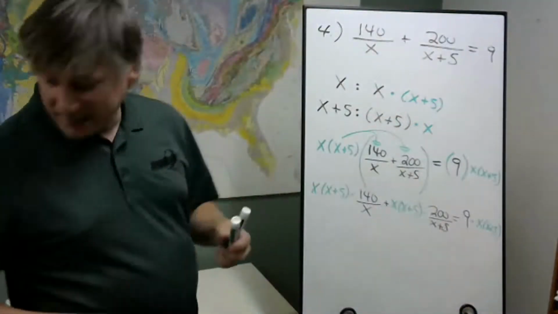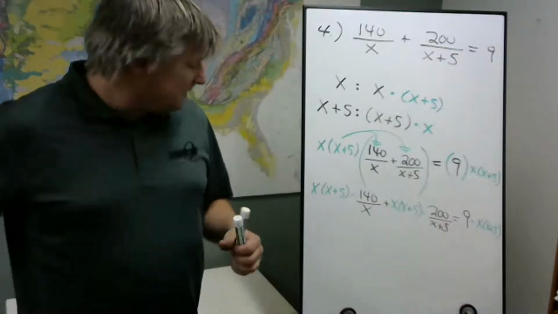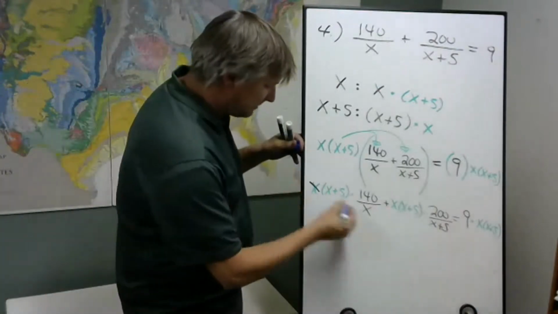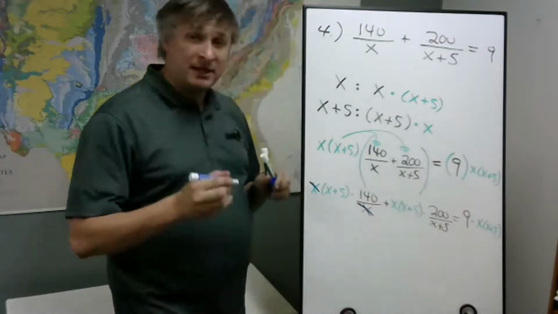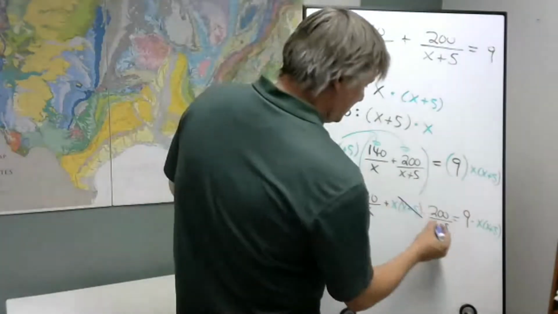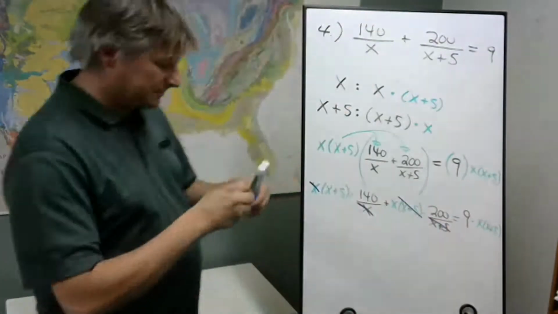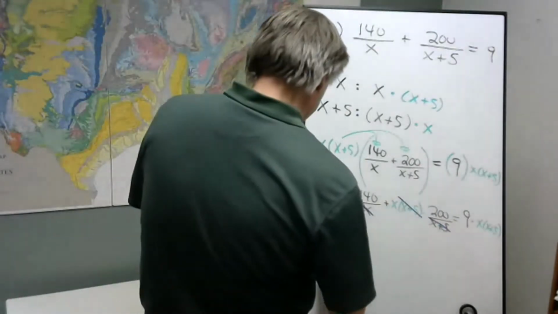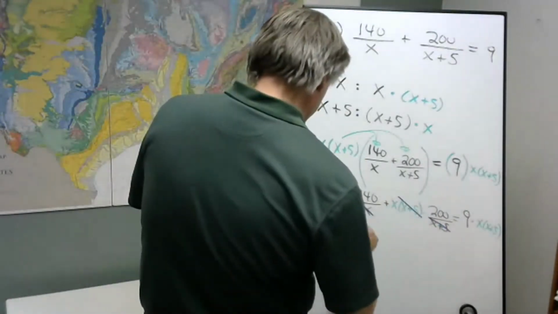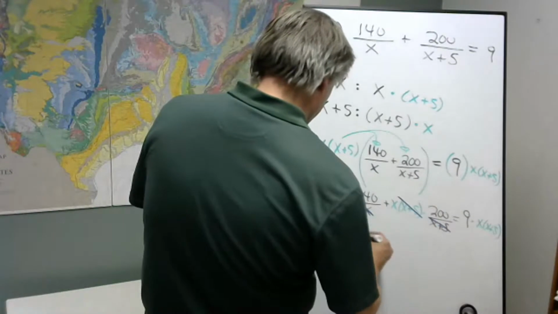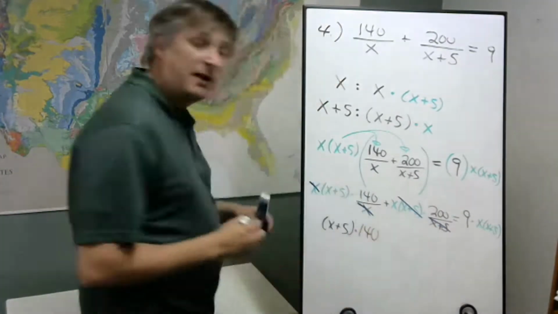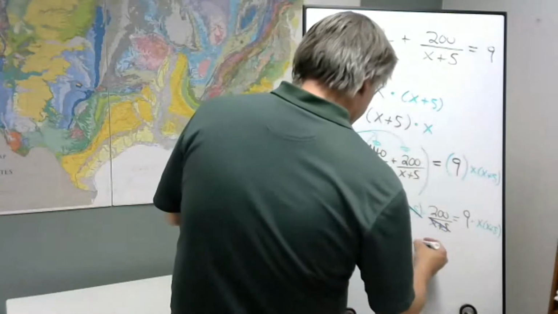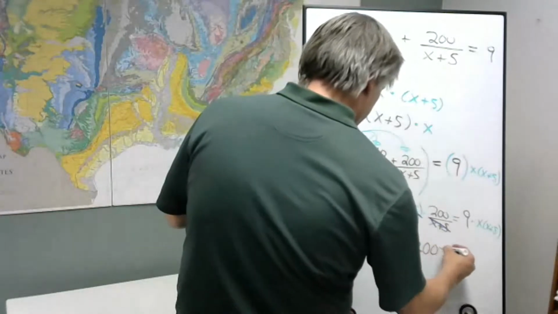So let's look for some cancellations. Again, we want to get rid of these denominators. Now here, the x's will cancel, excuse me. And here the x plus 5s will cancel. So this will give us x plus 5 times 140 plus x times 200.